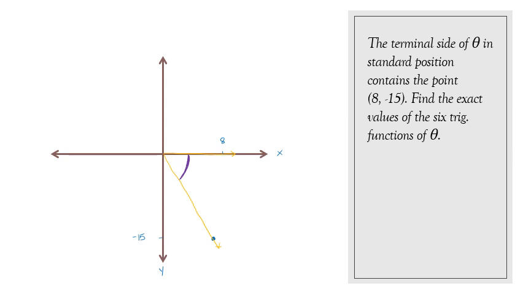Now, we also want to figure out what on that previous page we called r, which is the distance between my point that's on the terminal side and the origin. This is the distance r.